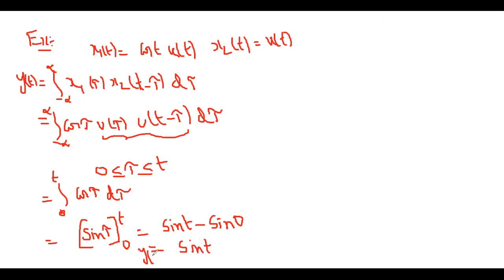So y of t is equal to sin t into mu of t. The convolution of x1 of t with x2 of t is sin t mu of t.